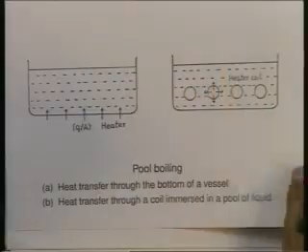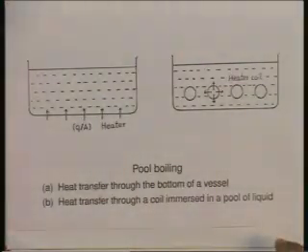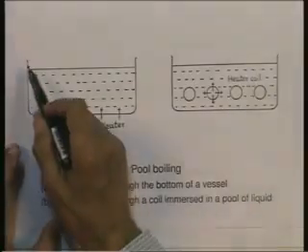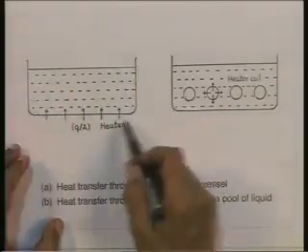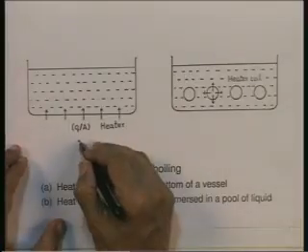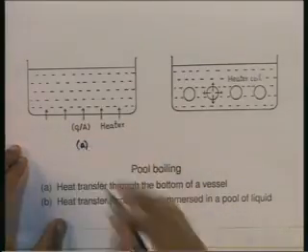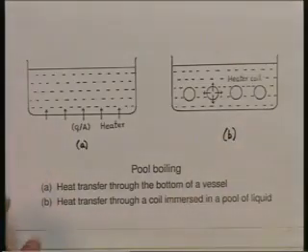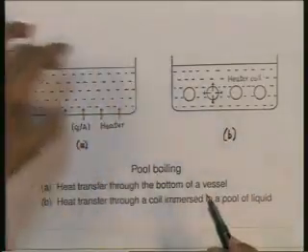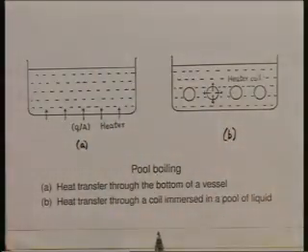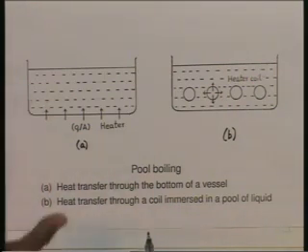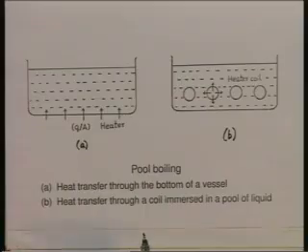Here are two examples of boiling which could take place. Here is a vessel, this is figure A, and this is figure B. In figure A, here is a vessel containing a liquid, could be water or could be any other liquid, and let us say it is at some pressure. So, obviously, corresponding to that pressure there would be a saturation temperature T s.